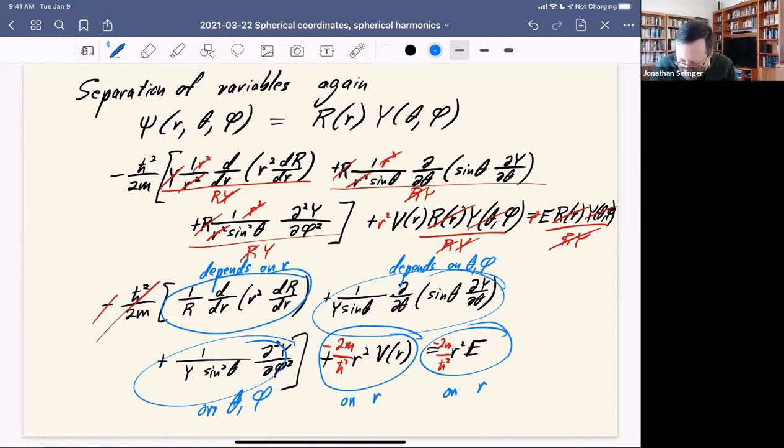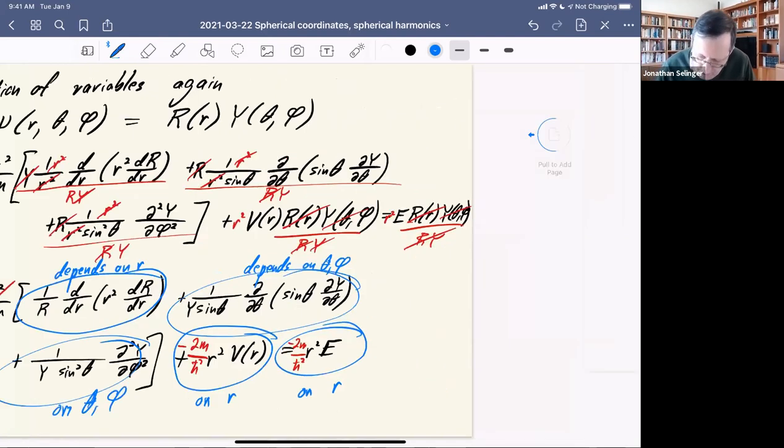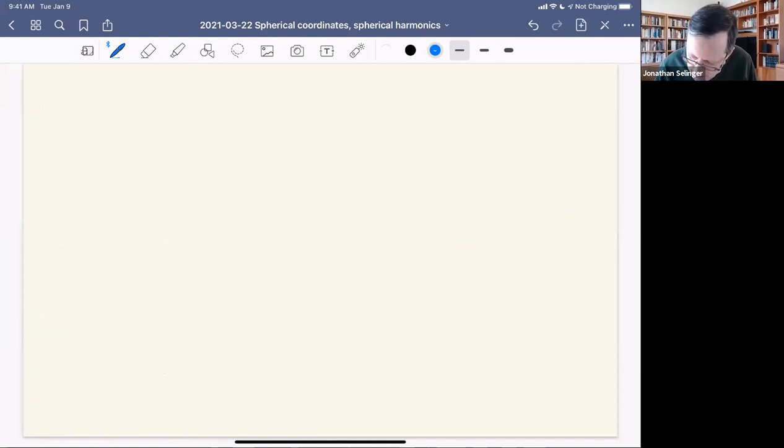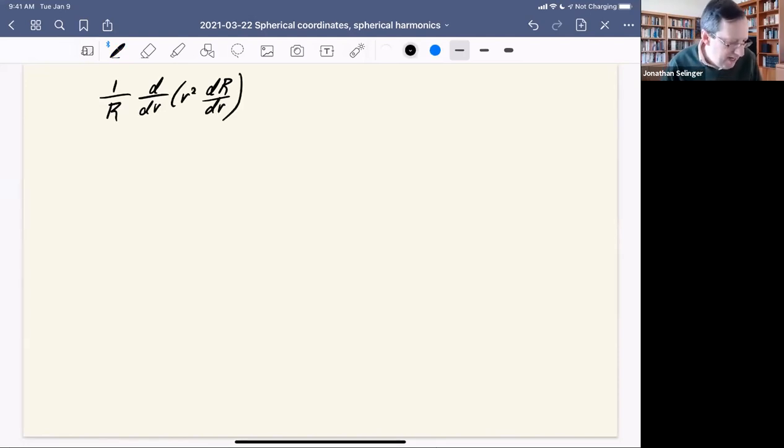If I want the things that depend on little r on the left side, the first term is 1 over the R function, d by dr of r squared dR/dr, like that.